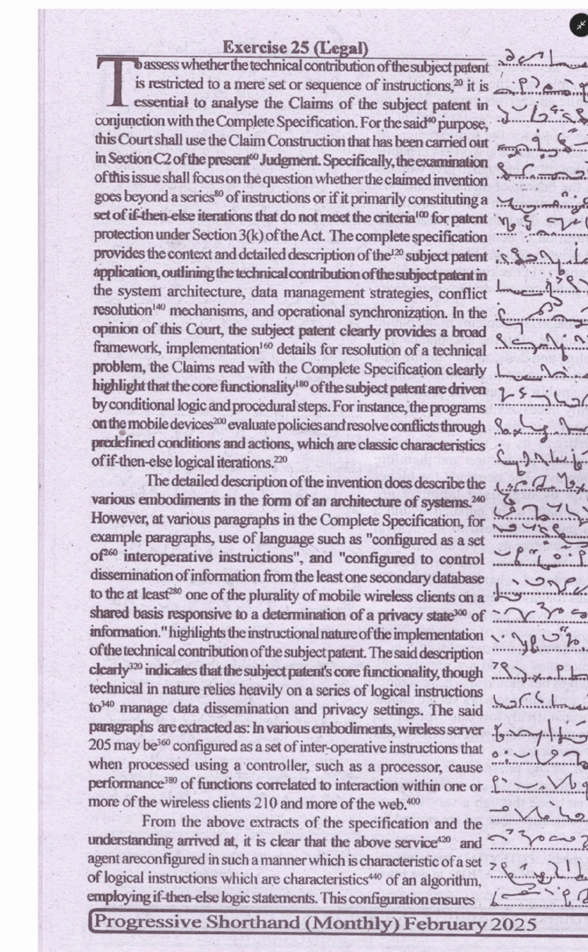However, at various paragraphs in the complete specification, for example, paragraphs, use of language such as "configured as a set of interoperative instructions" and "configured to control dissemination of information from the at least one secondary database to the at least one of the plurality of mobile wireless client on a shared basis responsive to a determination of a privacy state of information" highlight the instructional nature of the implementation of the technical contribution of the subject patent.